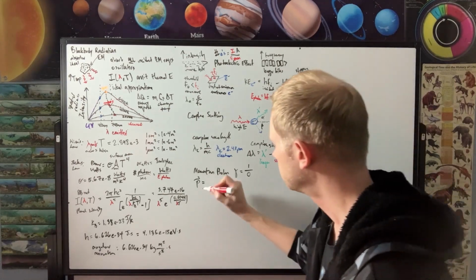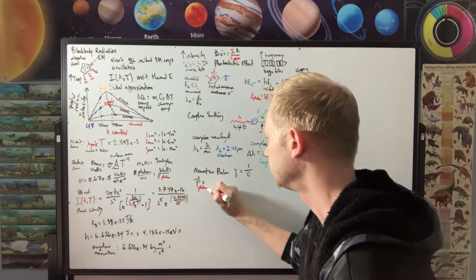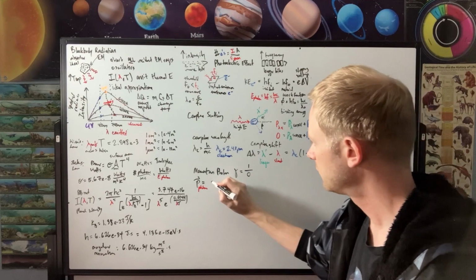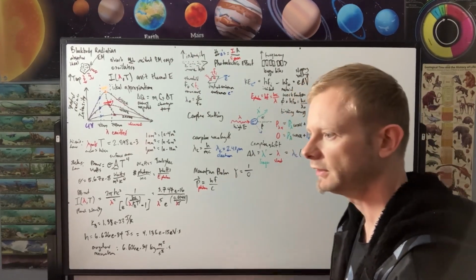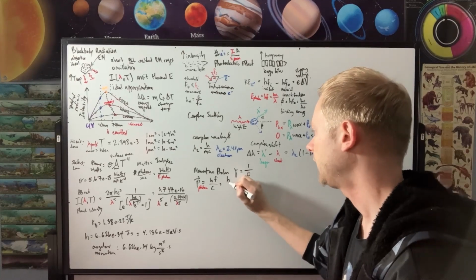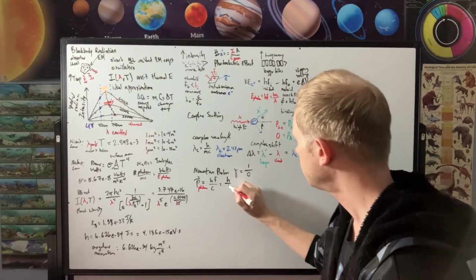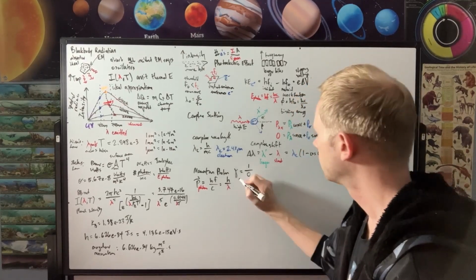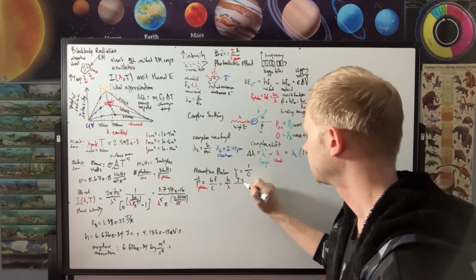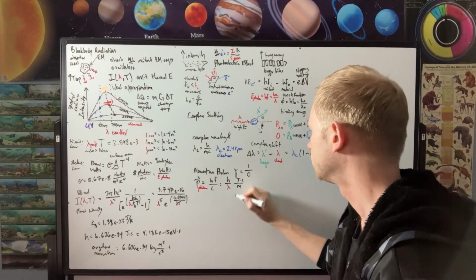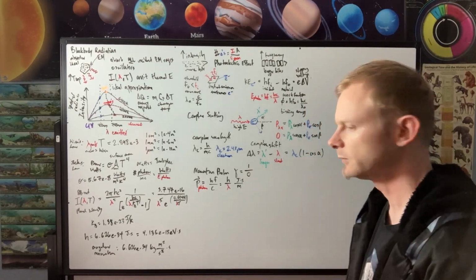So if we're trying to find the photon momentum, then instead we should use this formula, hf divided by c, which will equal h divided by the lambda, and this will give us units of joules times the seconds divided by meters, and that's going to be our photon momentum.